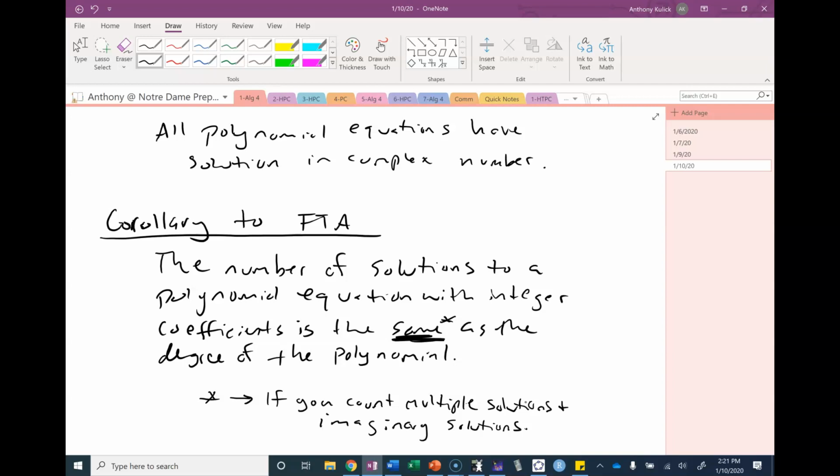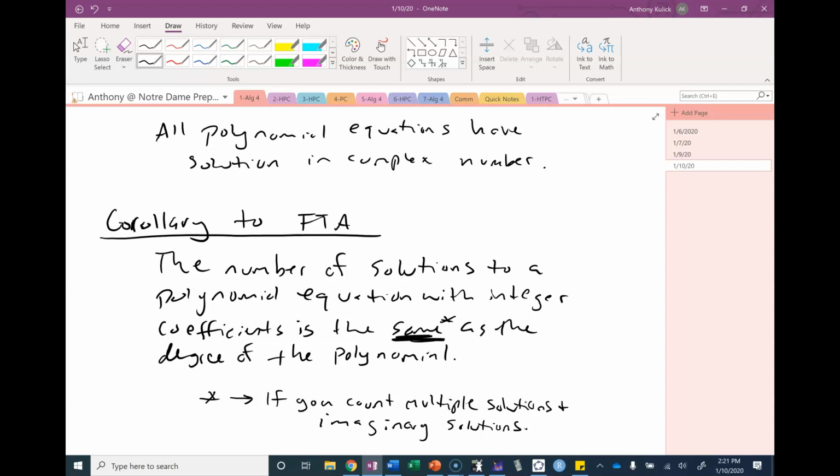The primary use of this corollary is it tells you when you're done, if you found everything. In particular, we can use it to check for imaginary solutions. So I should be able to look at the graph, count my x-intercepts, and tell if it's possible to have imaginary solutions or not. If it's a degree 3 polynomial and I see 3 x-intercepts, I can't have imaginary solutions, right?